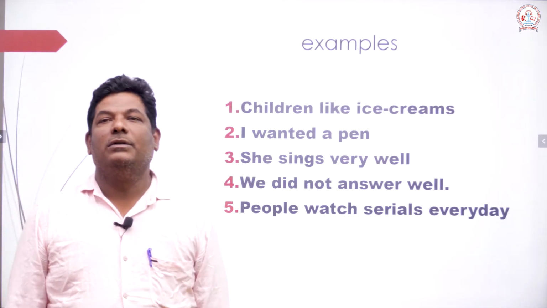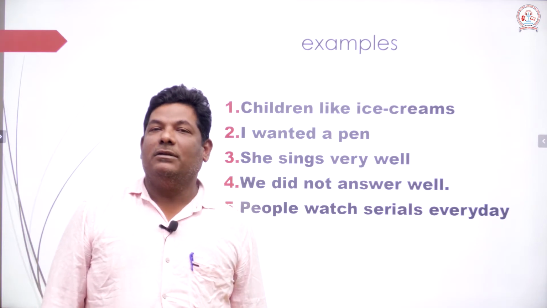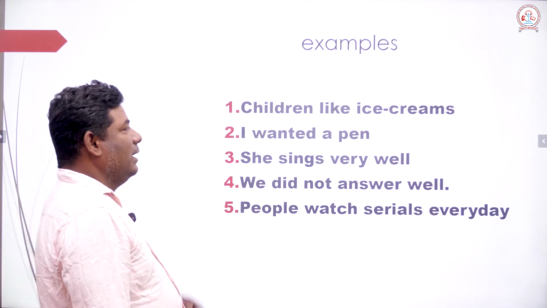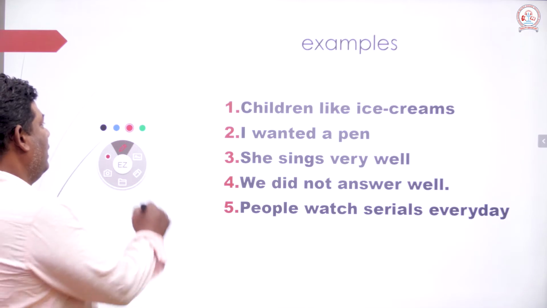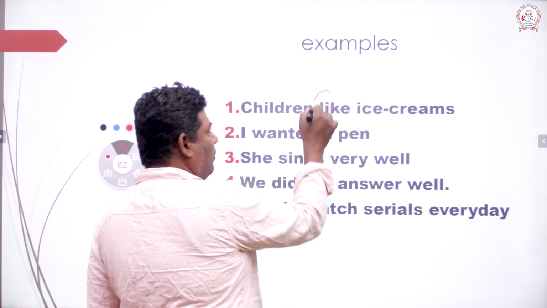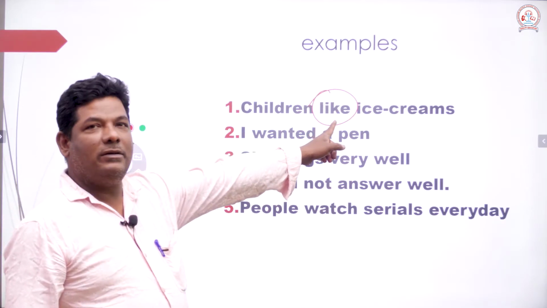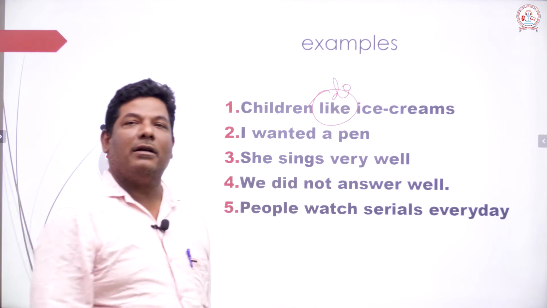Children like ice cream. What's the question tag for it? First thing is to see what the auxiliary verb is. Here, the auxiliary verb is not given. Therefore, take the main verb. In the main verb, if it is present tense, do is the auxiliary verb hidden there.